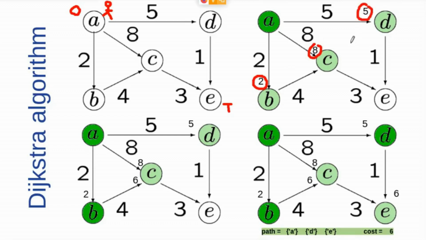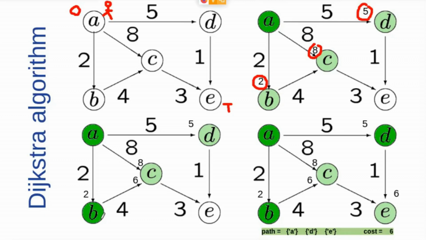So my candidates are B, C, D. That's why here I use a dark green and a light green. These are the candidates. And my choice will be the smallest value possible. So here we have A to B, 2. That's why here B turns into dark green, right?